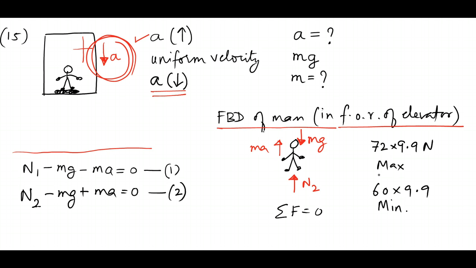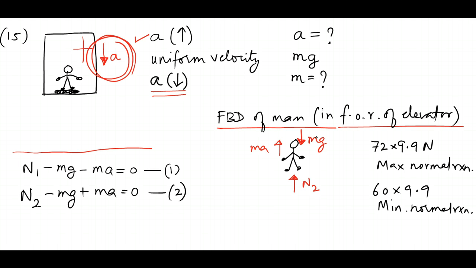Of course, when we say apparent weight, we are talking about the normal reaction exerted by the weighing machine on the man. So 72 into 9.9 newtons is the maximum normal reaction, and 60 into 9.9 newtons is the minimum normal reaction.